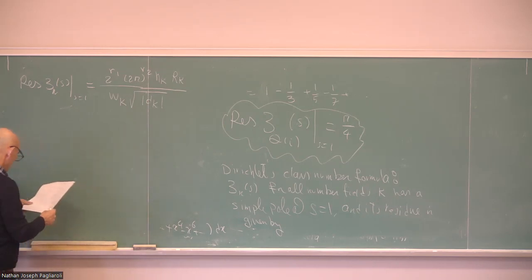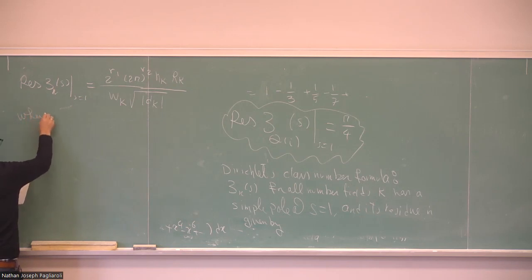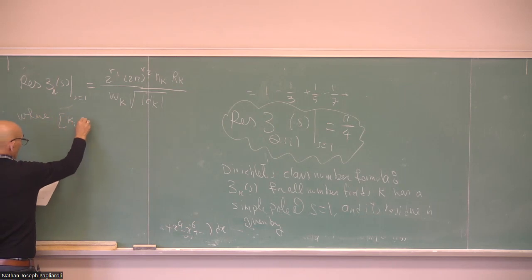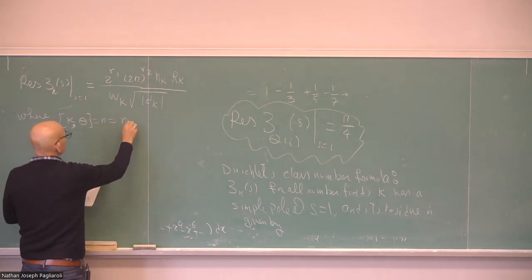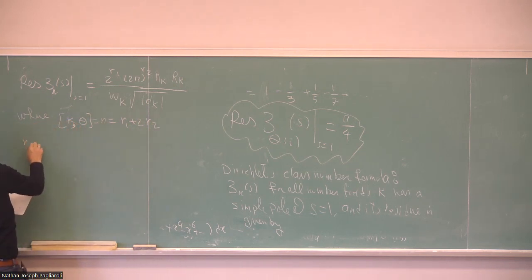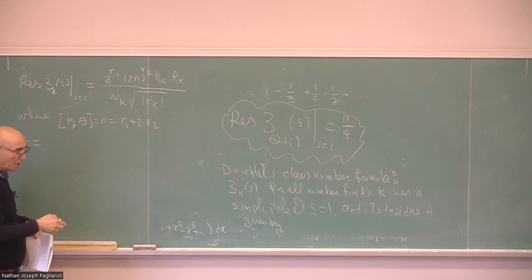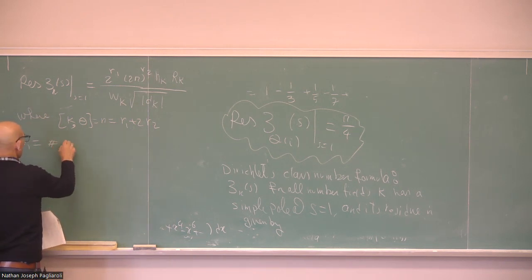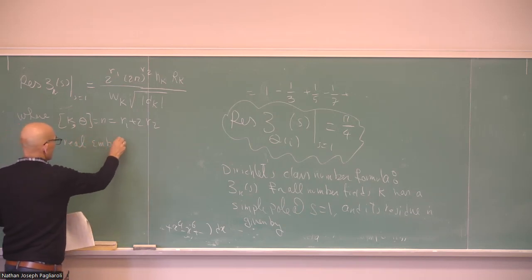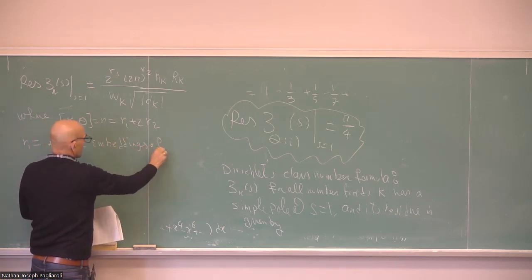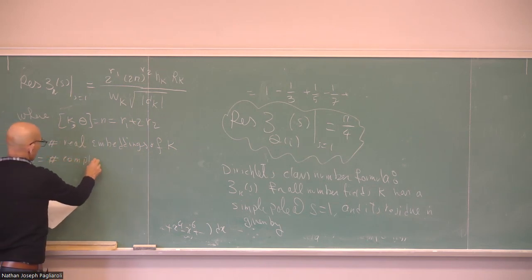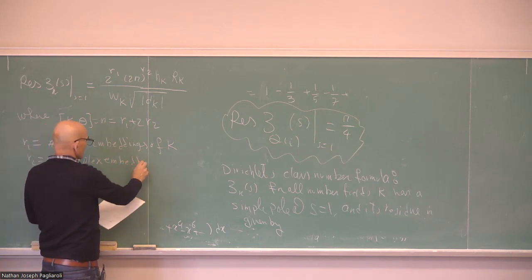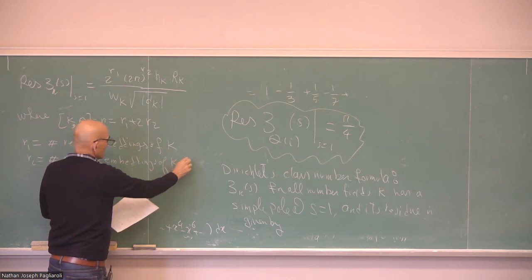So what are the things involved here? First of all, for K over Q, the degree of the extension, which is equal to n, is equal to r1 plus 2 r2. r1 is the number of distinct real embeddings of K. And r2 is the number of complex embeddings of K divided by 2.